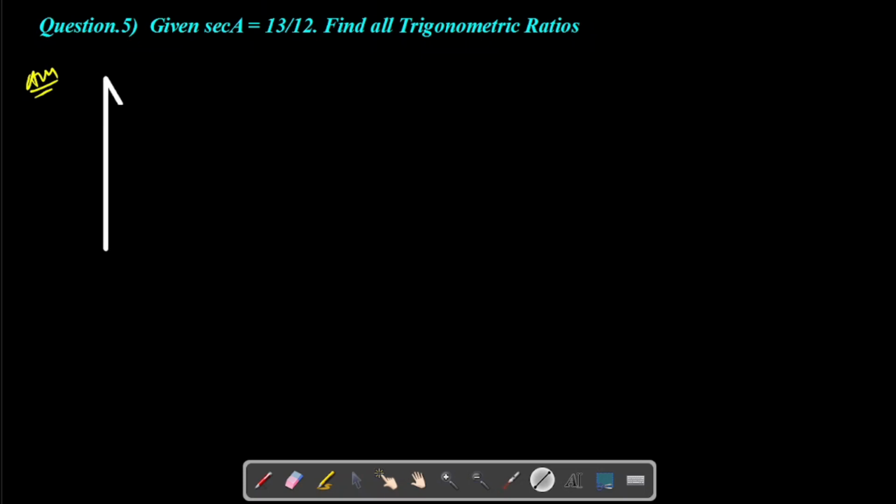It is a right angle triangle. Here is our right angle triangle. Let me name it A, B, and C.